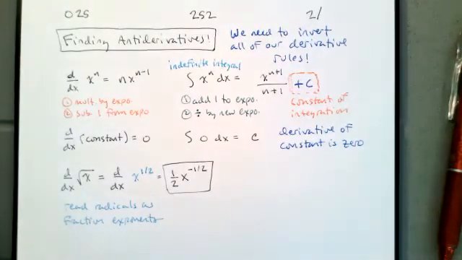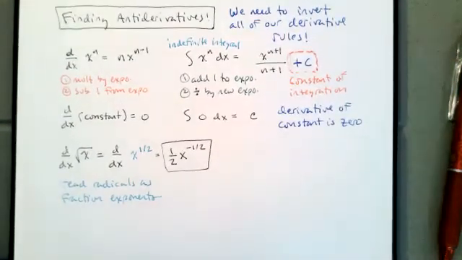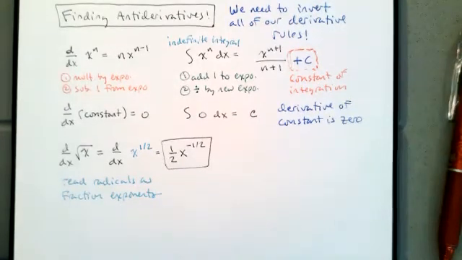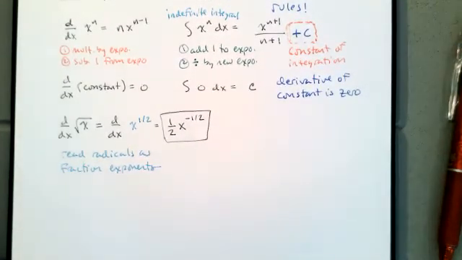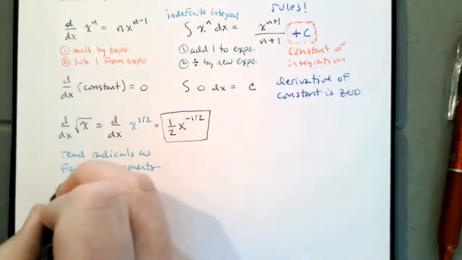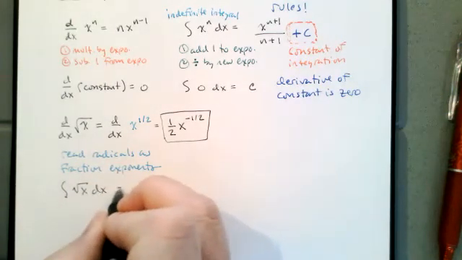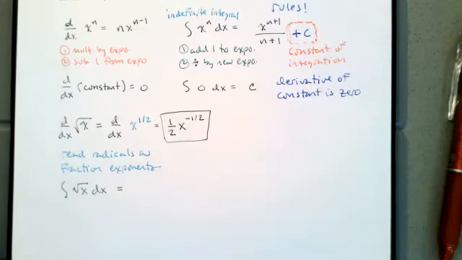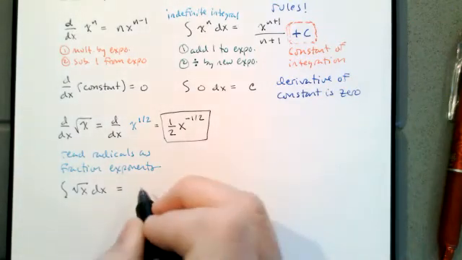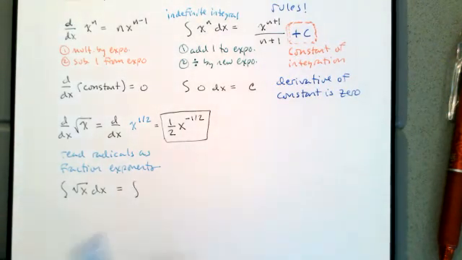When we're taking the derivative, we learn to read radicals as fractional exponents. So when we're finding antiderivatives, we should read radicals as fraction exponents. So if I want the integral of the square root of x dx, we'll do the same thing that we did before. We will read the radical as a fraction exponent.